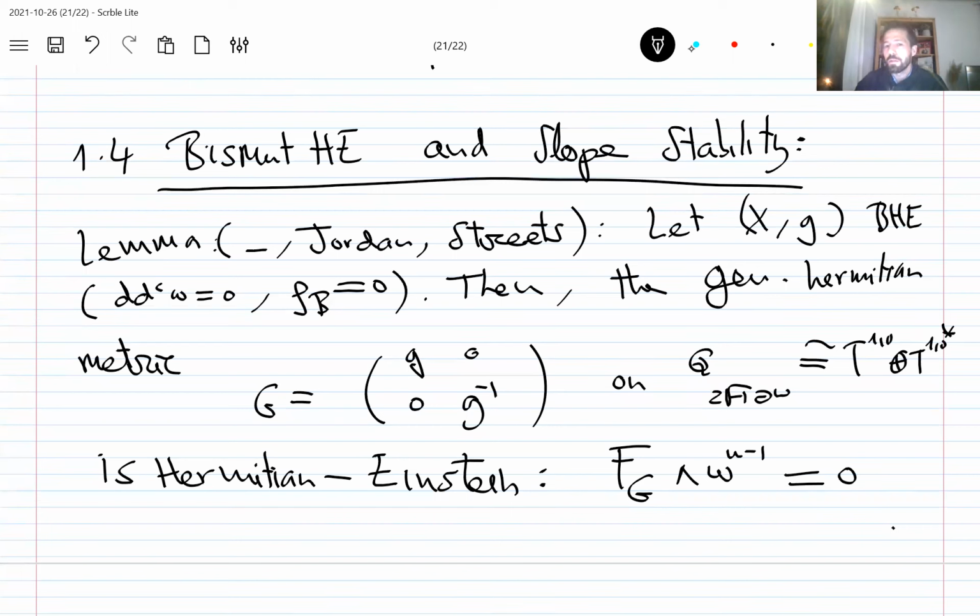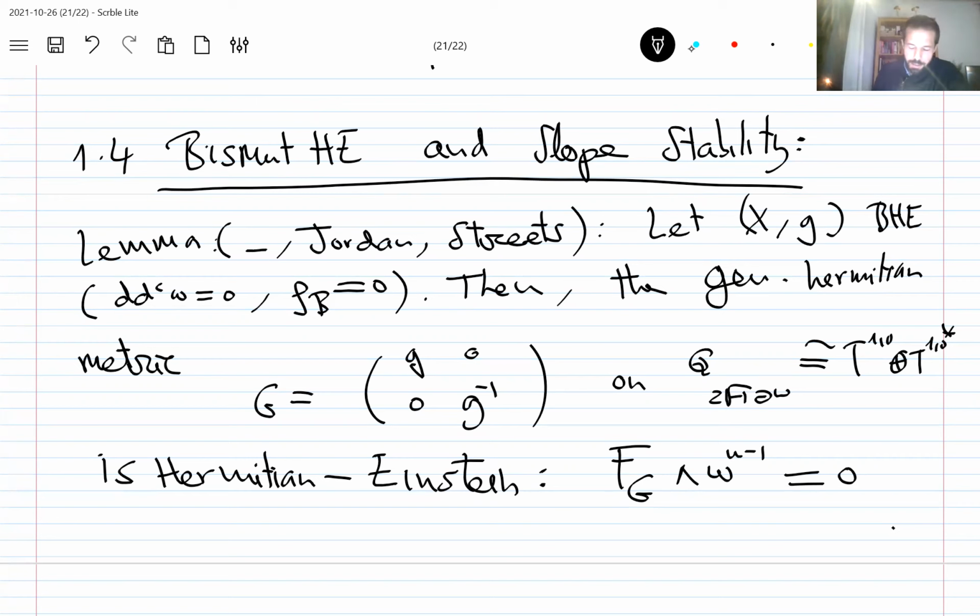Okay. So this condition, which looks like the usual Hermite-Einstein condition, is really coupled. It is intertwining the Chern curvature of G with omega.